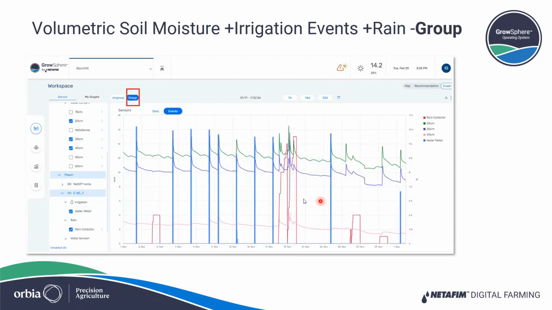So now it is much easier to see when the irrigation was implemented, and you see the influence on each one of the soil moisture measurements, and you see also that in this gap, when there was no irrigation at all, there was a rain event.